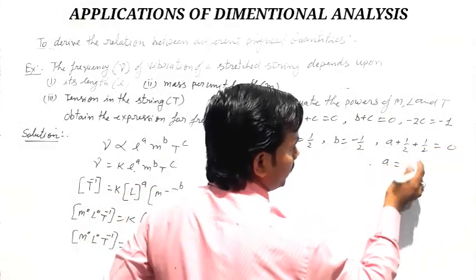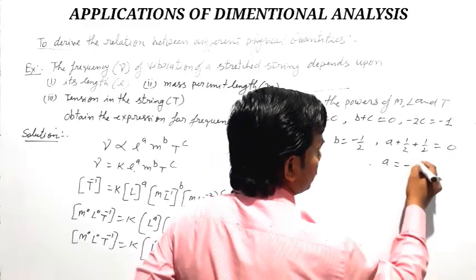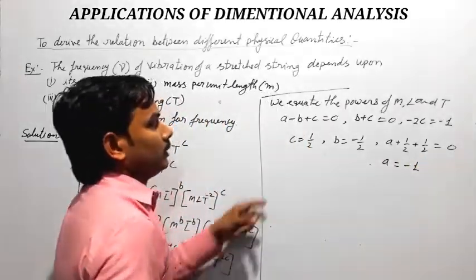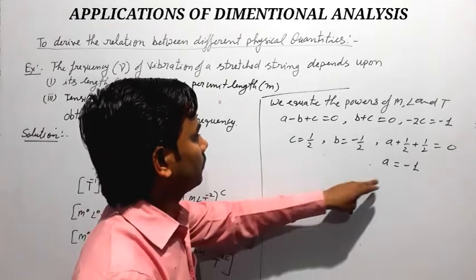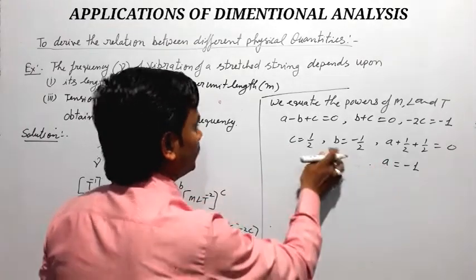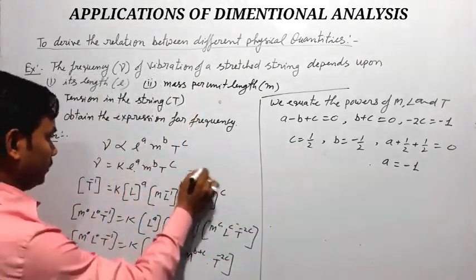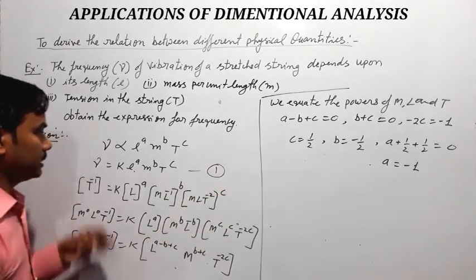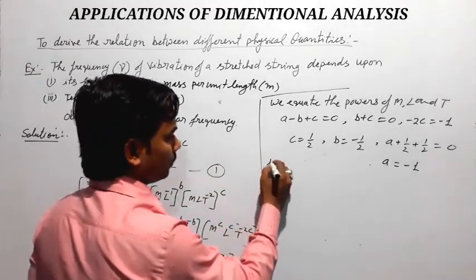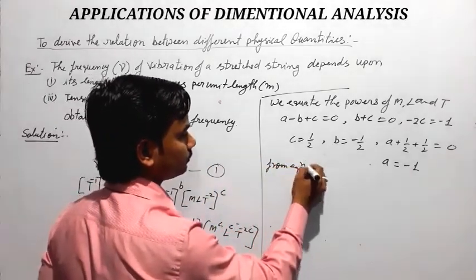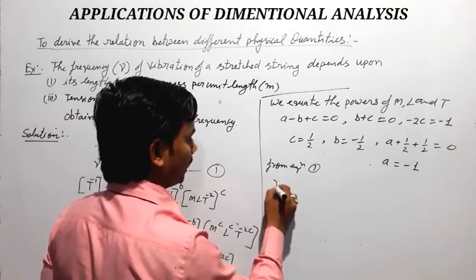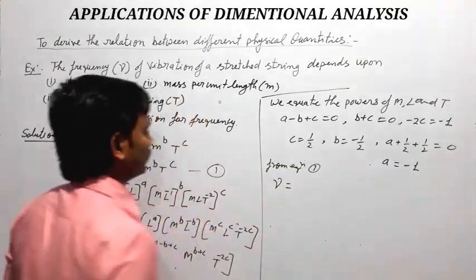So the value of a is minus 1. Here we found the values of a, b and c, and we will put these values of a, b, c in equation 1.